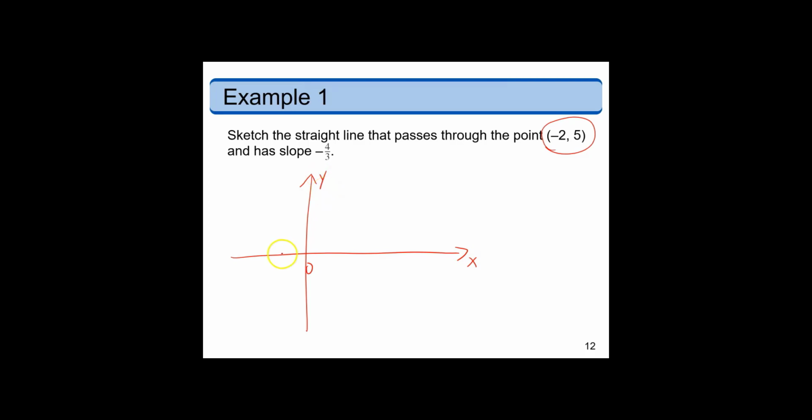The x value is -2, the y value is 5. 1, 2, 3, 4, 5. So we have the point right here. And from that point, we have a slope, which is -4 over 3. So -4 is a vertical shift, meaning this line will go down 4 units.